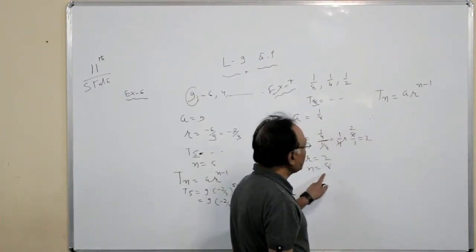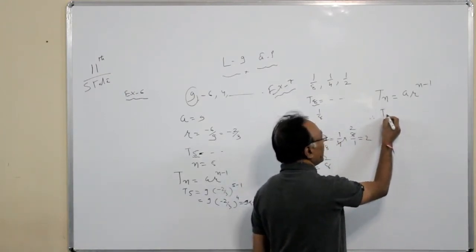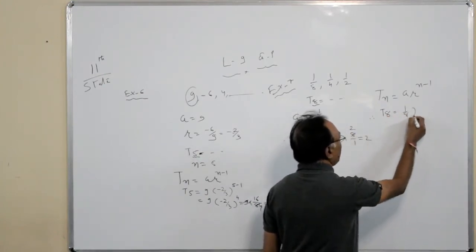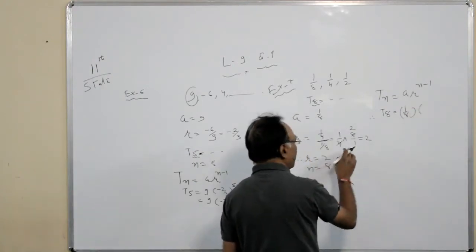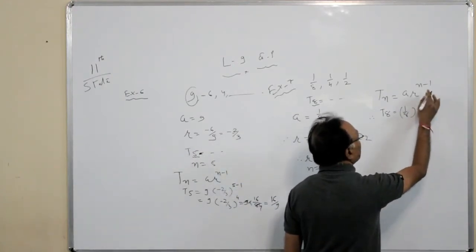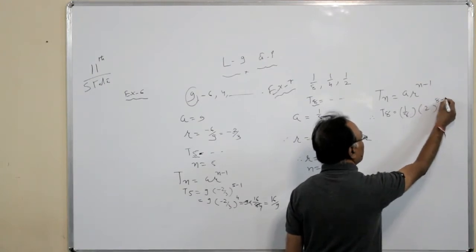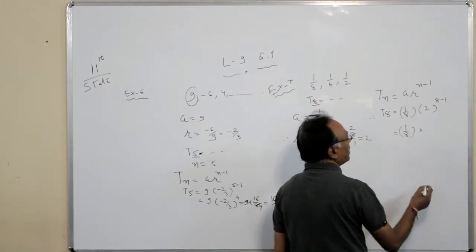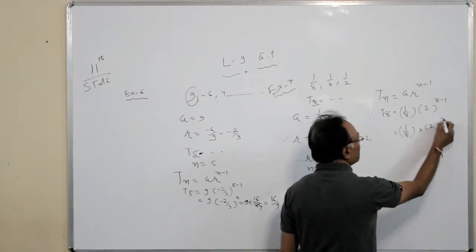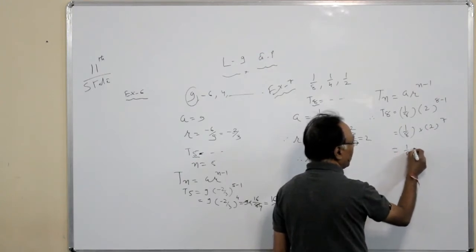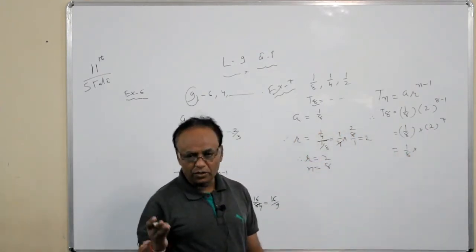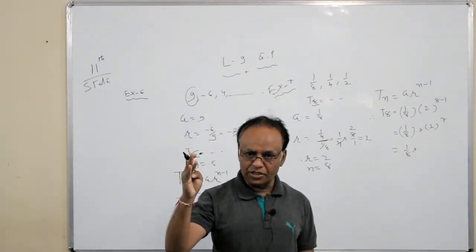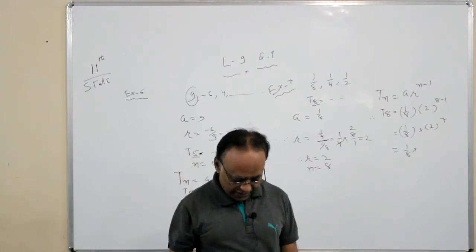So take n as 8, A as 1 upon 8, R as 2, and 8 minus 1, so 1 upon 8 multiplied by 2 raised to 7. 2 2s are 4, 2 4s are 8, 2 8s are 16, 2 16s are 32, 2 32s are 64, 2 64s are 128.